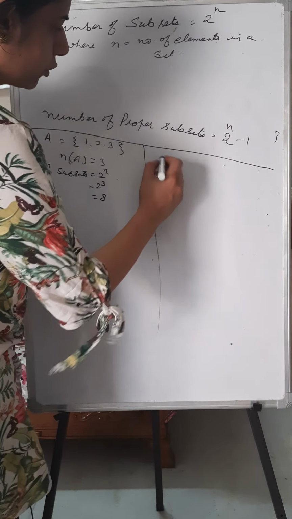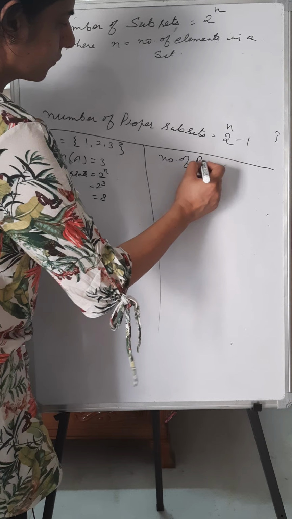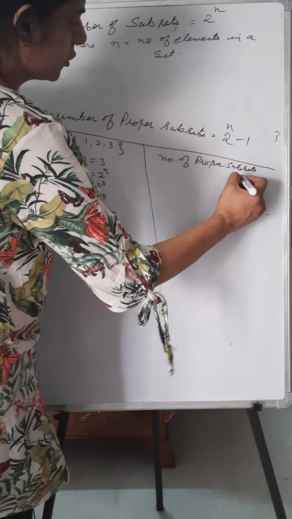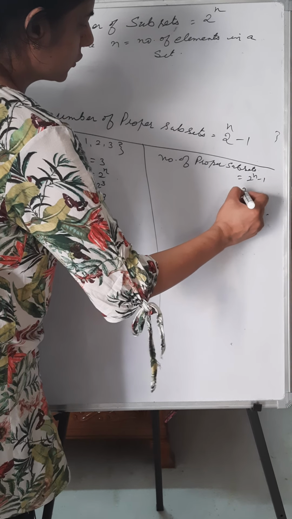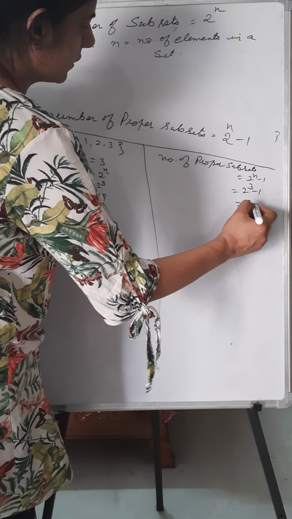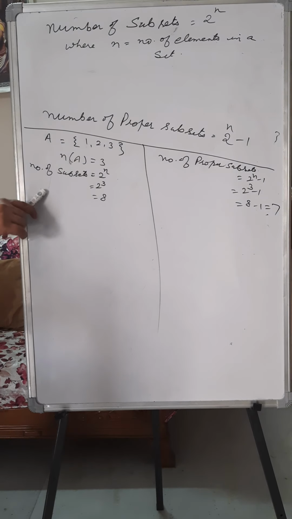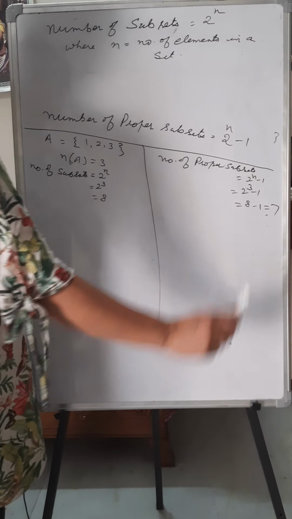And how many proper subsets? 2 raised to power n minus 1, 2 raised to power 3 minus 1, that is 8 minus 1, 7. Number of subsets are 8, number of proper subsets are 7.